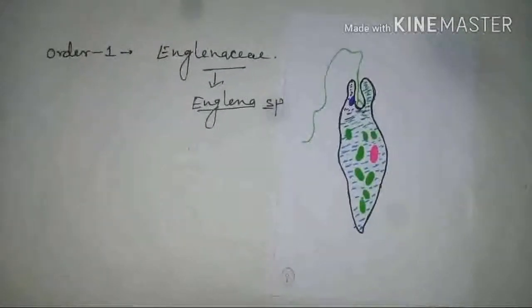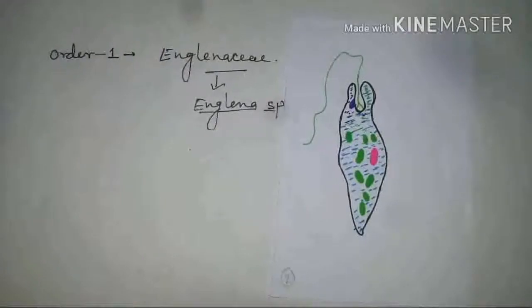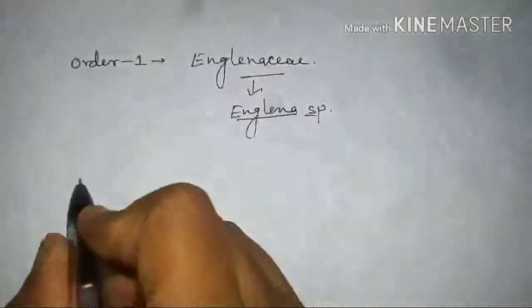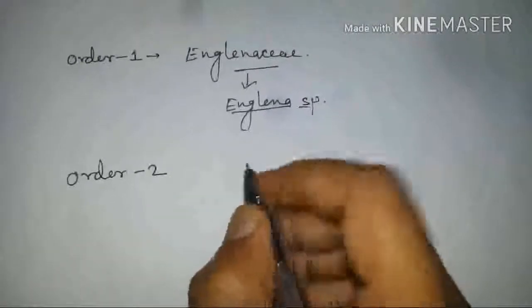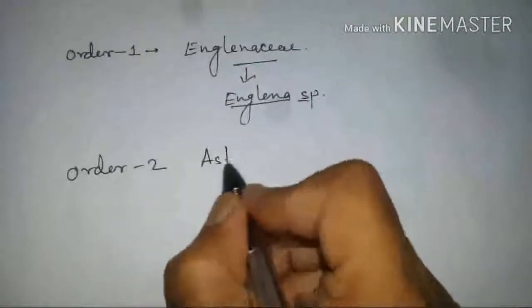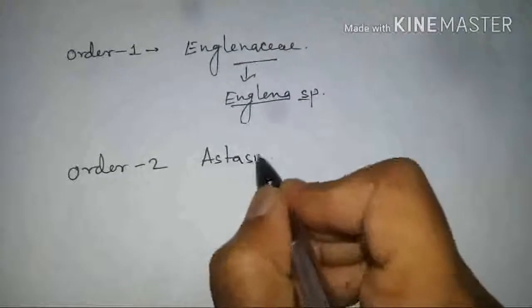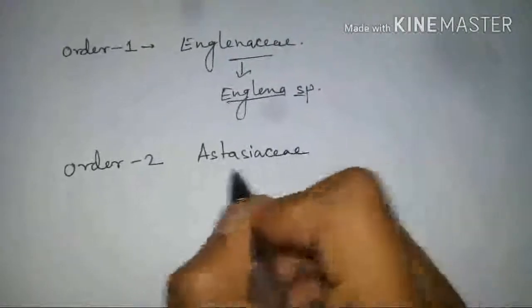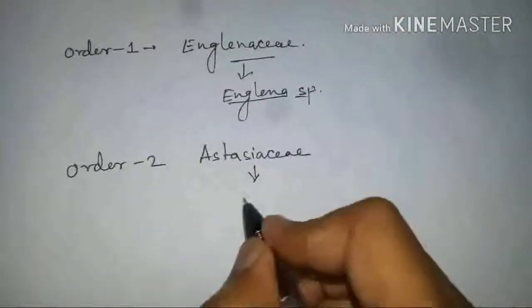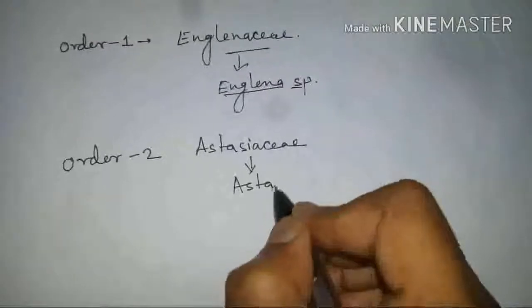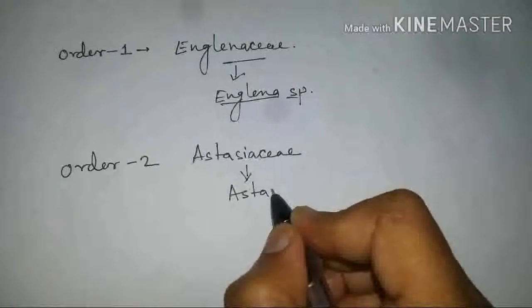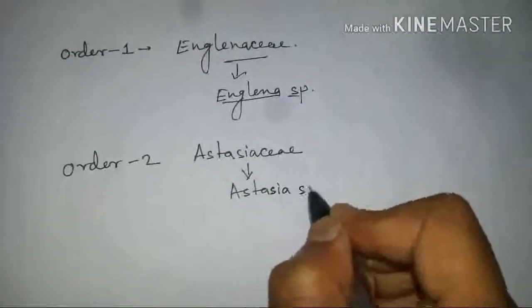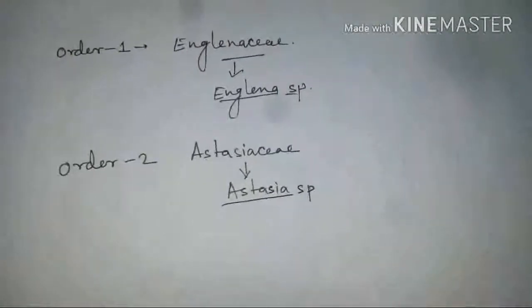Now the second order is Astaceae, and an example of this order is Astacea algae.